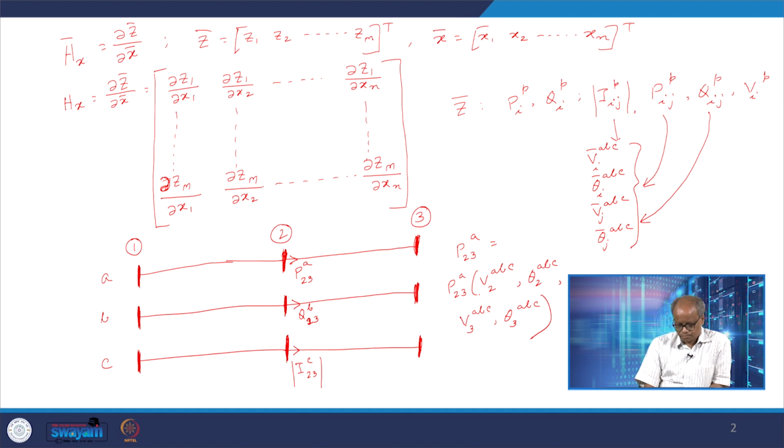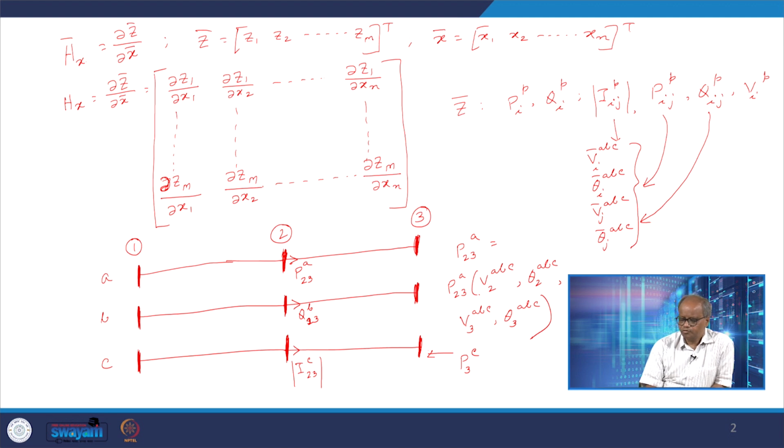But suppose I measure some injected quantity, say P3C. Following the expressions of Pi, we can see that the expressions of Pi include the summation over all the buses.